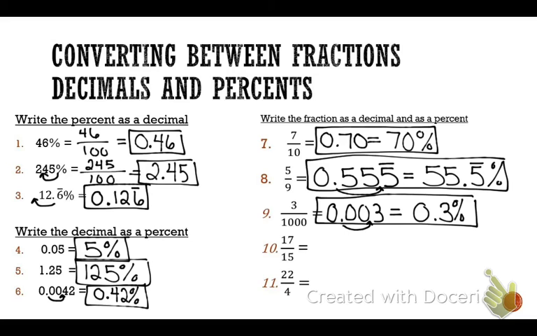What do you notice that's different about 10 and 11? What do you notice that's different, guys? They're improper, which means what are you going to have now in front of your decimal? You're going to have a whole number, okay? You can still divide them, though, the same way. So just do 17 divided by 15 to change that to a decimal. All right, and what do you get? 17 divided by 15.